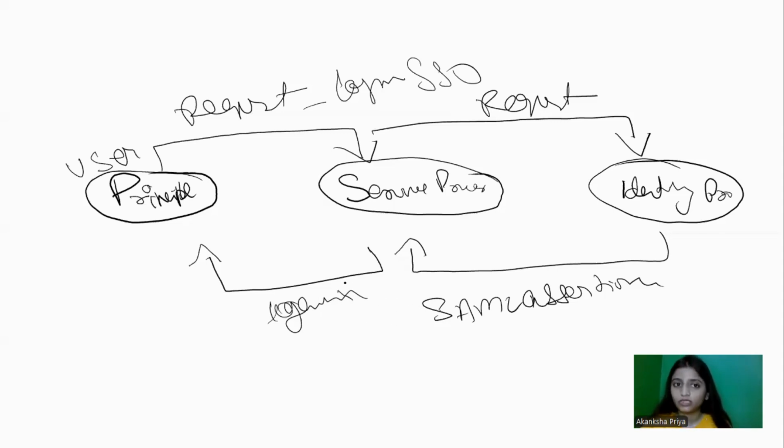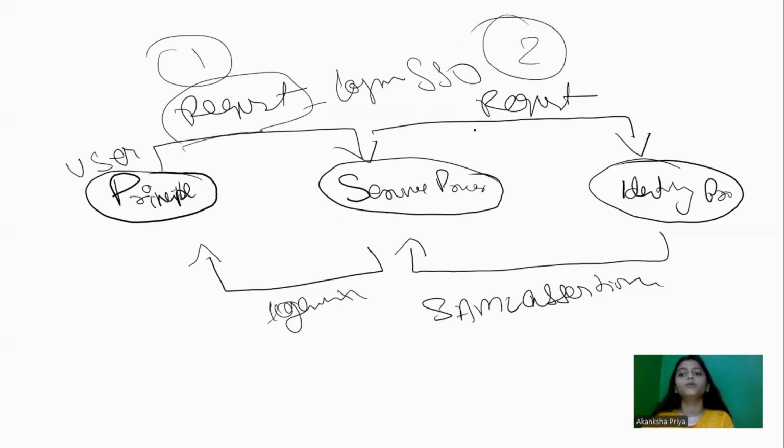So this is how the process works. In step number 1, the user will share the request with the service provider. In step number 2, the service provider will share the request with the identity provider that this particular user wants to log in. Now the identity provider will fetch their data from the database.